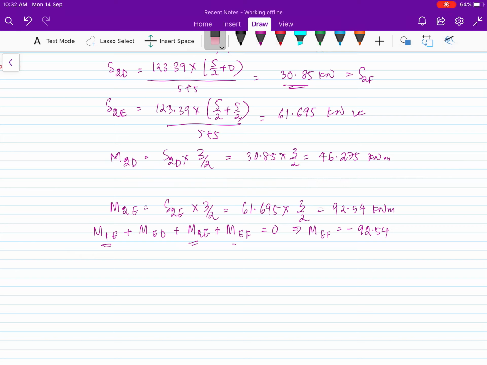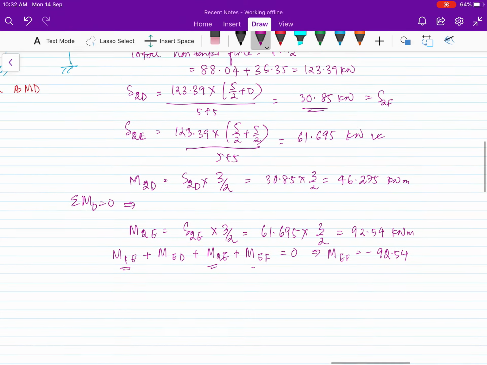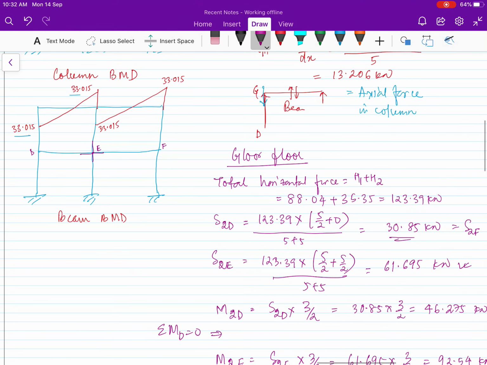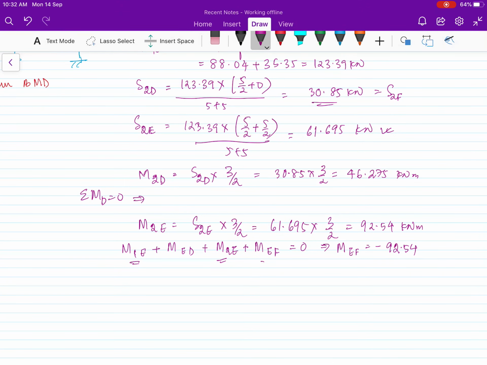Wait. So this is moment about D is 0, but here there are 3 members coming. For the upper story it was 2 members, so directly we wrote minus, but here 3 members are coming. So it will be moment about DE plus 1D, the upper story, and there is also the below story 2D, equal to 0.